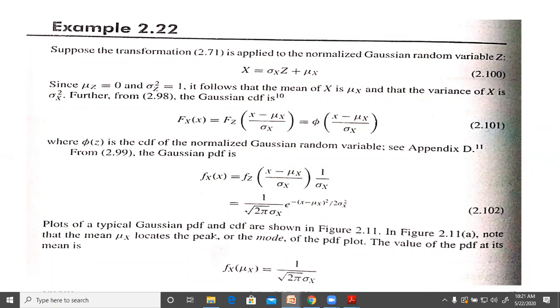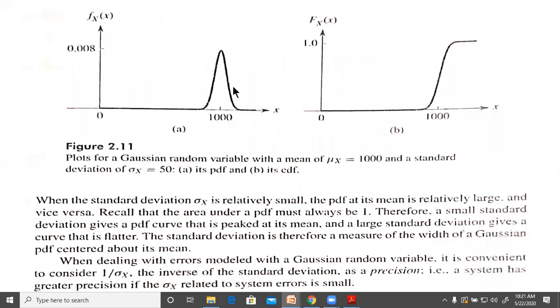A plot of a typical PDF and CDF of the equation we have written is shown in figure 2.11. In figure 2.11, we note that the mean mu x locates the peak, or the mode, of the PDF plot. The value of the PDF at its mean is this value. It looks something like this, and F x of x will look something like this.